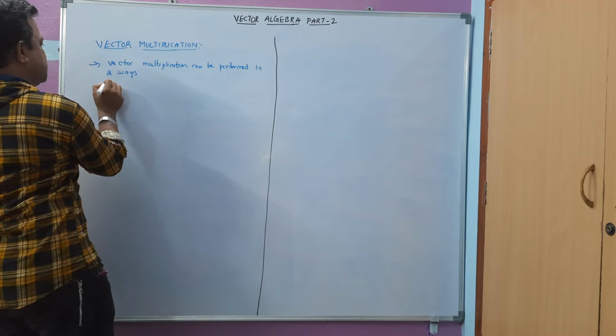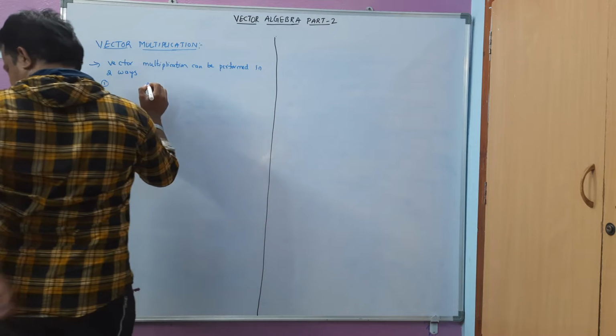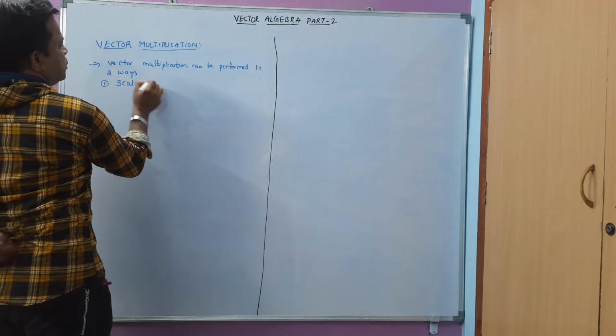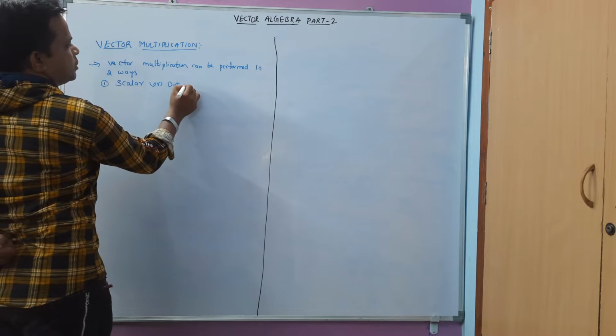The first one is the scalar product, also known as the dot product.